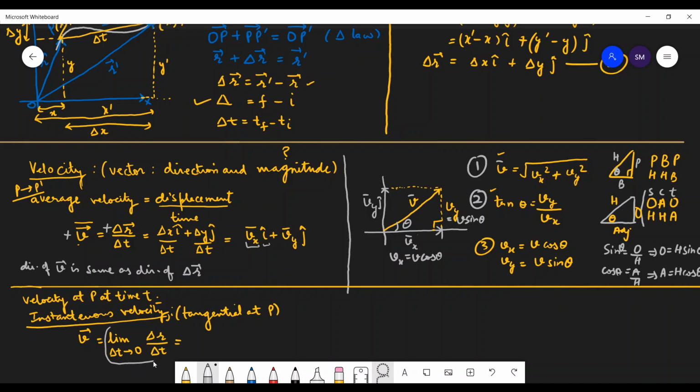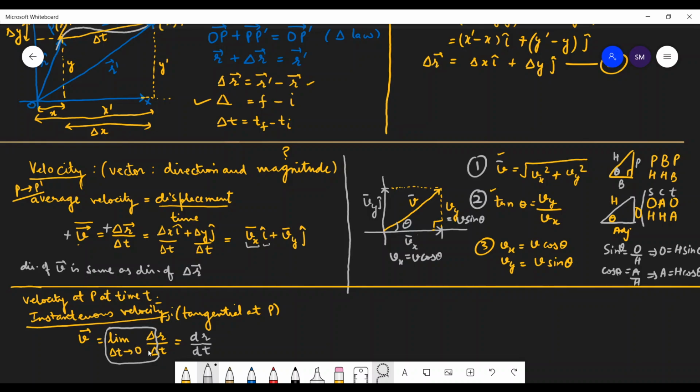So this part I will write in differential form as d by d, so this is dr by dt. That's how in physics you need to remember how we get this calculus, this differential.